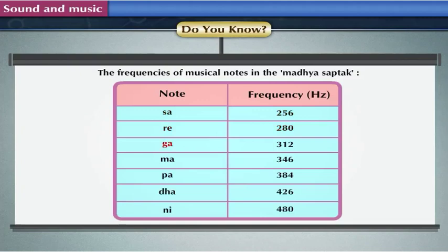The frequency of ga is 312 Hz. The frequency of ma is 346 Hz. The frequency of musical note pa is 384 Hz. The frequency of dha is 426 Hz. And the frequency of musical note ni is 480 Hz.